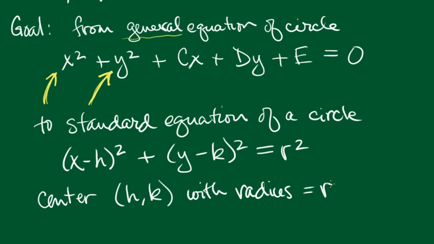Okay. So how we're going to do this is this. We're going to start with one of these and turn it into one of these, and then make sure that we can get back to where we started.